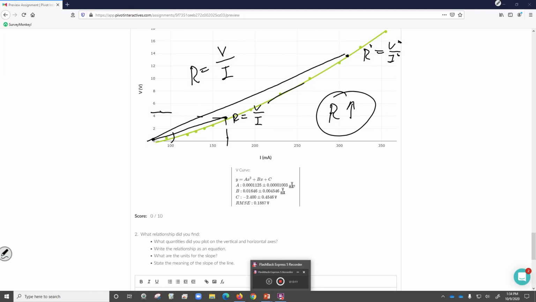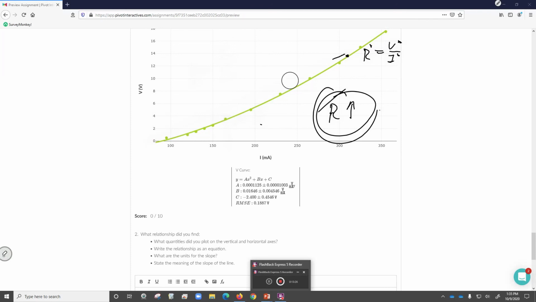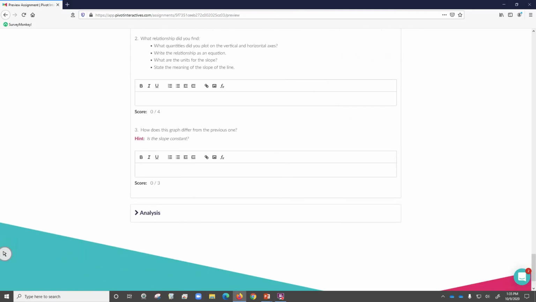Well, but this is the most important statement from this experiment. This is not an ohmic situation. The resistance is not constant. This device, the incandescent bulb, does not obey Ohm's law. Well, a couple more things here.